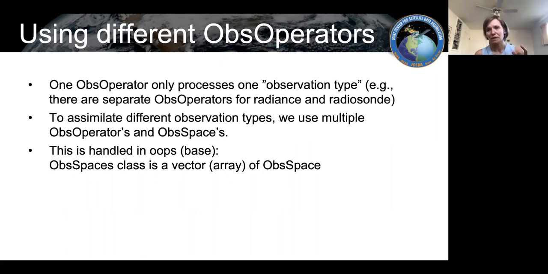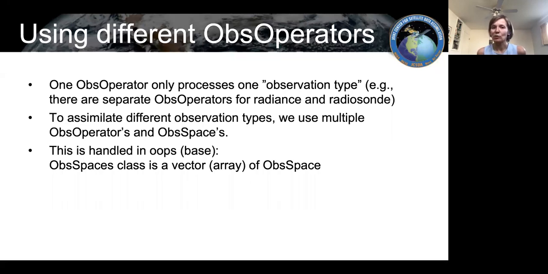So you would see there's an ObsOperator for radiance for, say, CRTM. There's separately an ObsOperator for RTTOV, separately an ObsOperator that could be used, say, for radiosondes. And they're all processed separately. If we want to simulate different observation types, then we're going to use multiple observation operators.